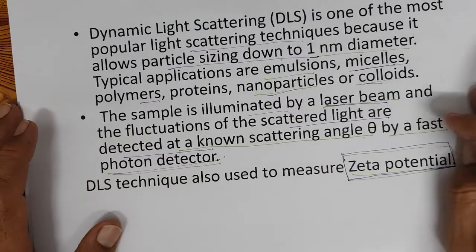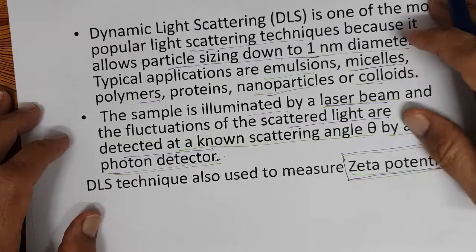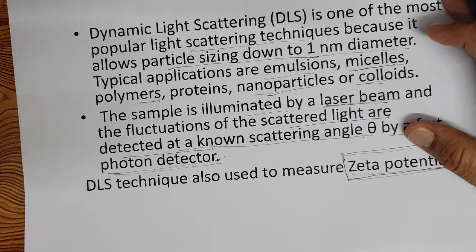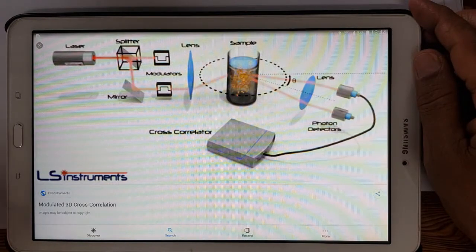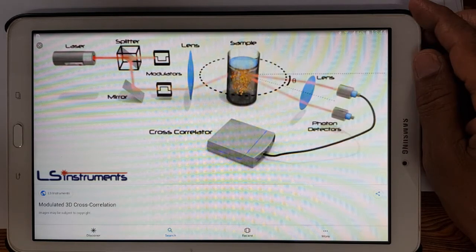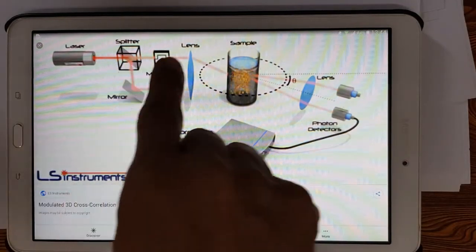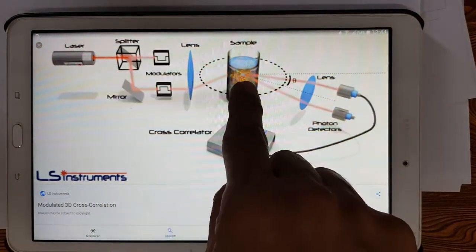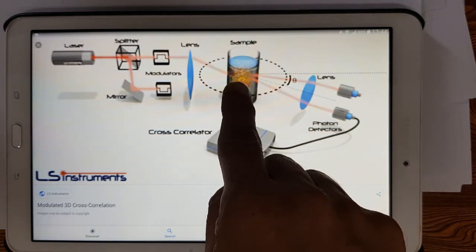So we will see a pictorial representation of what is happening during the measurement. This is the depiction of the dynamic light scattering technique for evaluating both particle size distribution and the zeta potential. This is a laser and this is a splitter, and this is the sample where you can see the Tyndall effect, right?